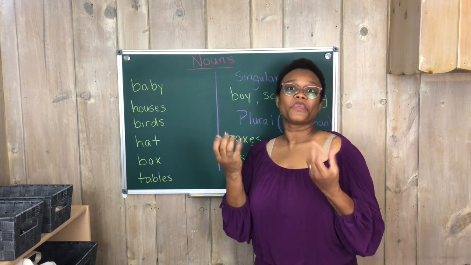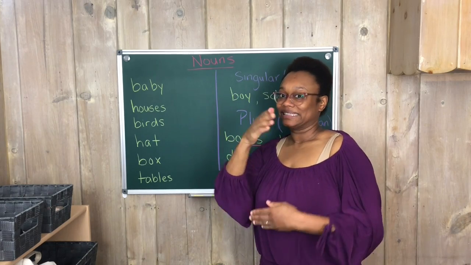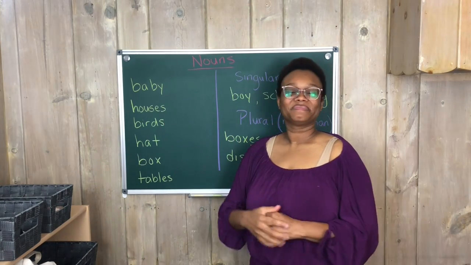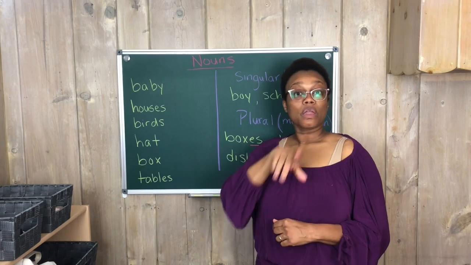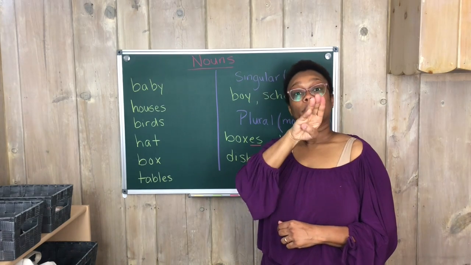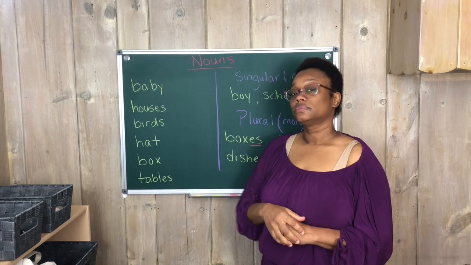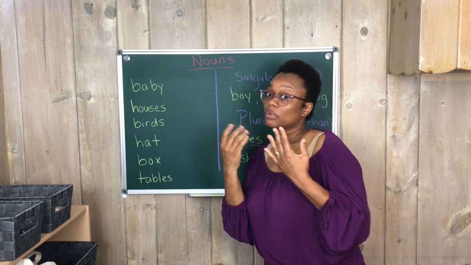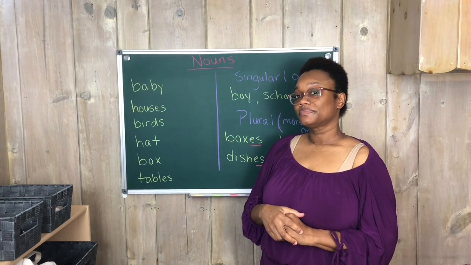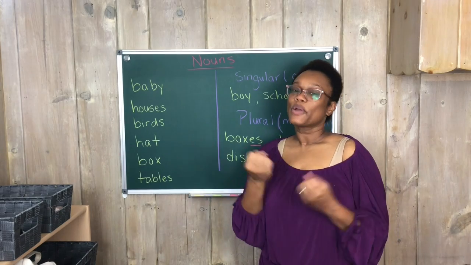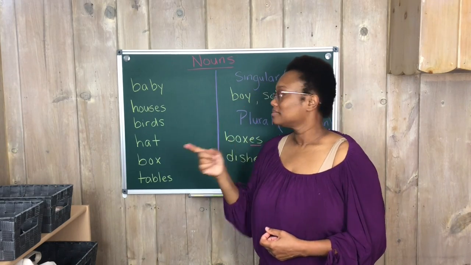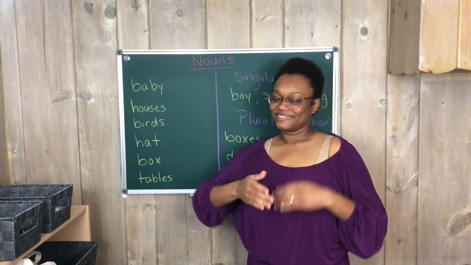You're right, it's plural. Why? Because there's an S at the end. Birds, B-I-R-D-S. Is that singular or plural? You're right, it is plural. Why? Because there's an S at the end.